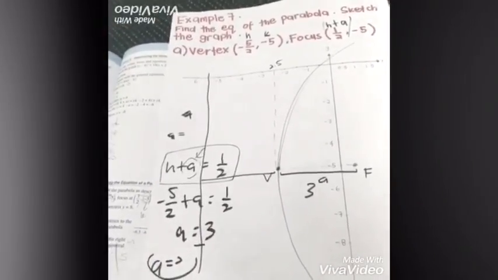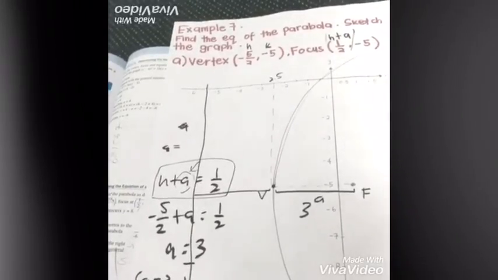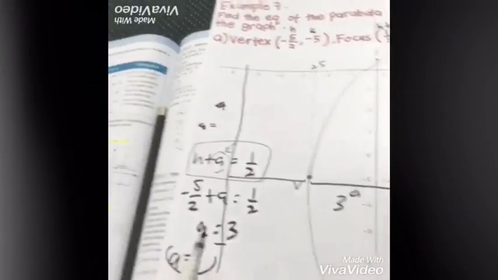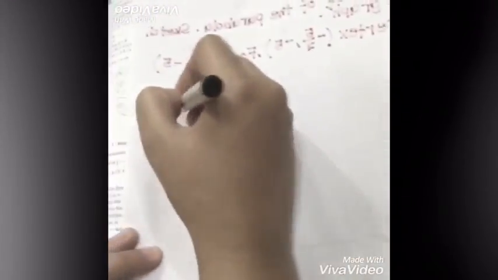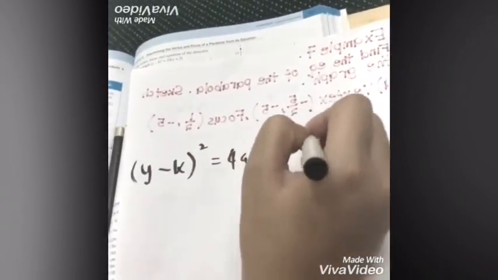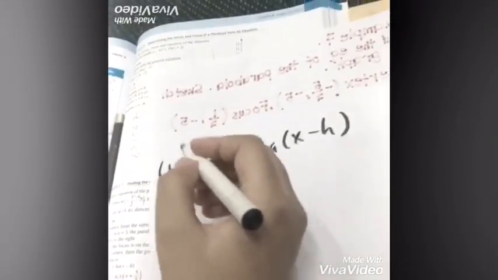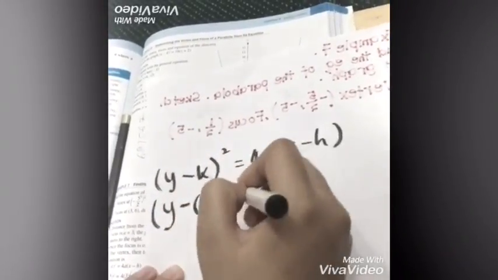So how we want to find the equation from this graph is, first we can use this, so just take it like this: y minus k squared equal to 4a, x minus h. So you just put what is the k, so the k is negative 5, so y plus 5, squared.